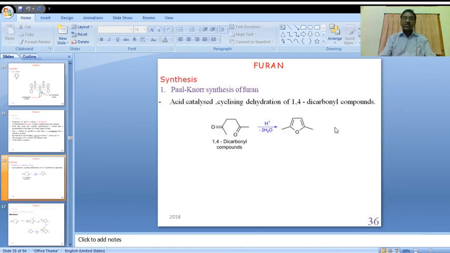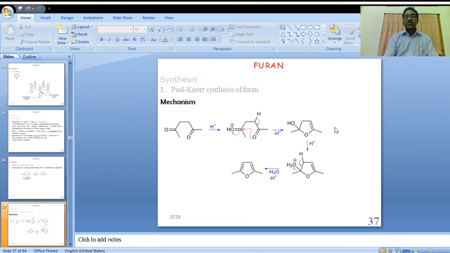This synthesis is a single step reaction, and from the mechanism we understood clearly. Is it clear, all of you?